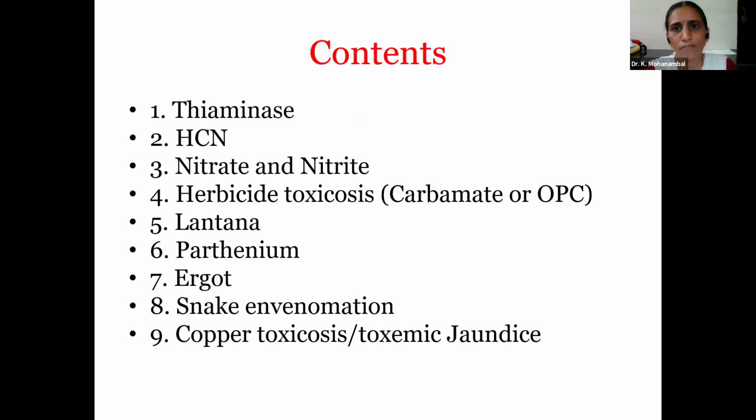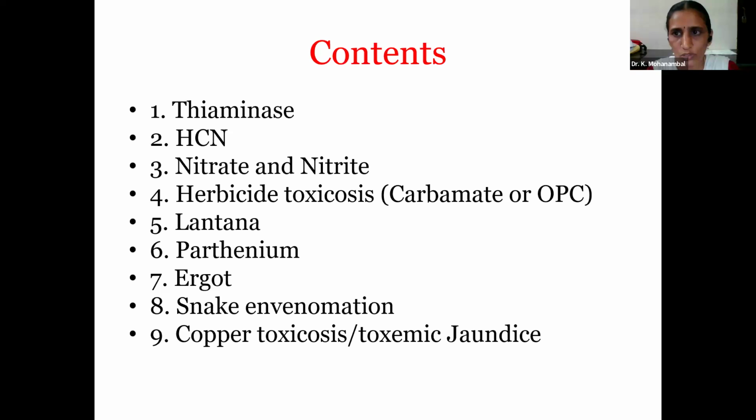So the content of today's topics: the first one is thiaminase toxicosis. Everyone knows that in day-to-day practice, you will be treating cases of thiaminase toxicity. Then HCN poisoning, followed by nitrate and nitrite poisoning.